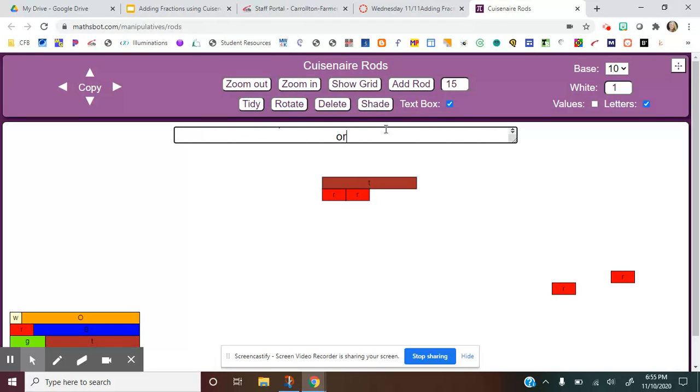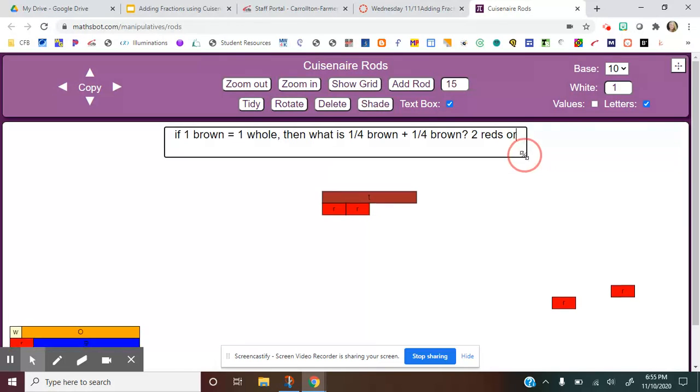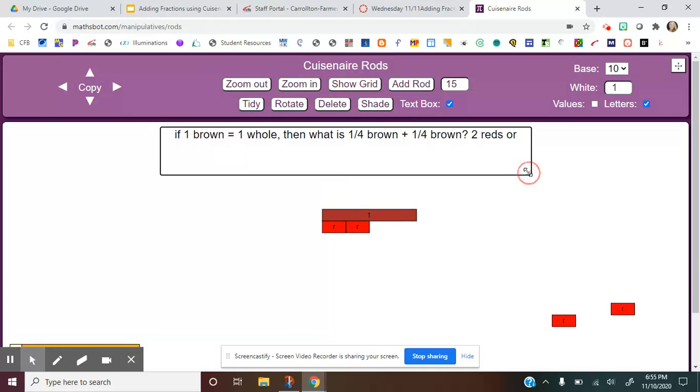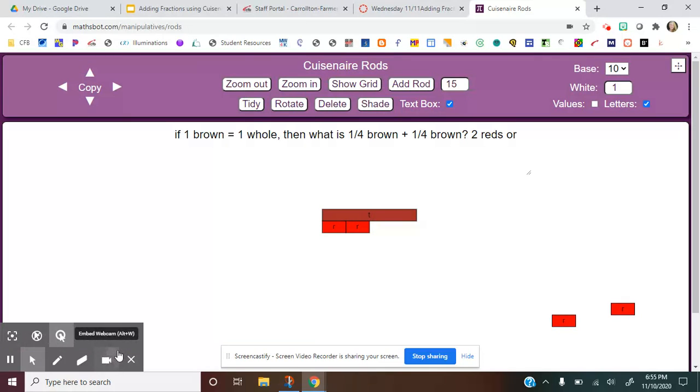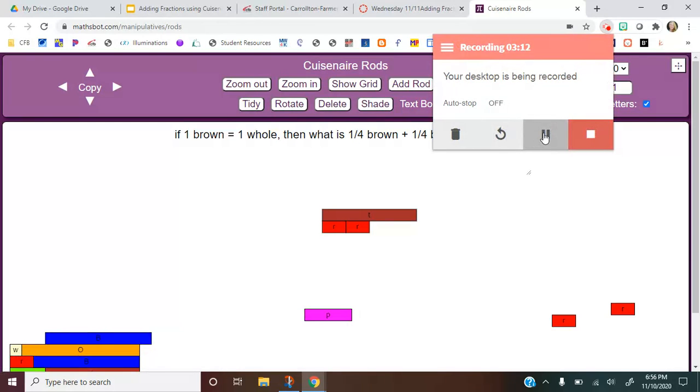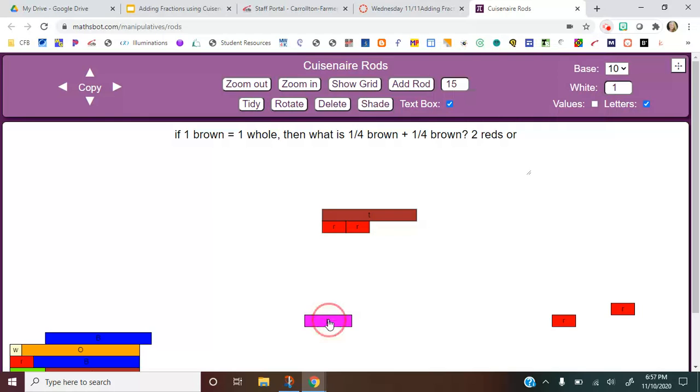Oops, am I going to be able to show y'all that? Let me see if I can grab this without losing my camera, which I don't think I'm going to be able to. Hold on, let me see if I can grab it. Okay, I was able to grab it. So I was looking for something that was equivalent to the 2 reds.